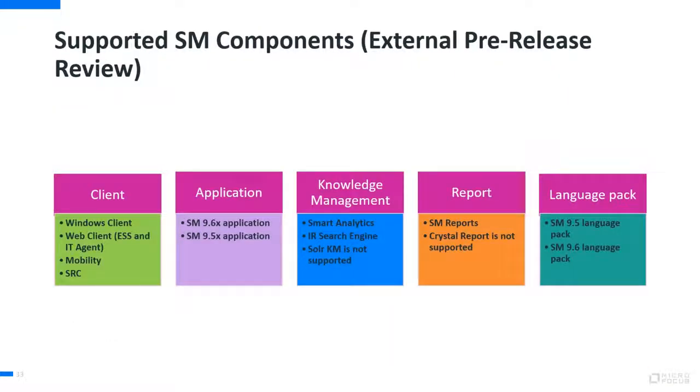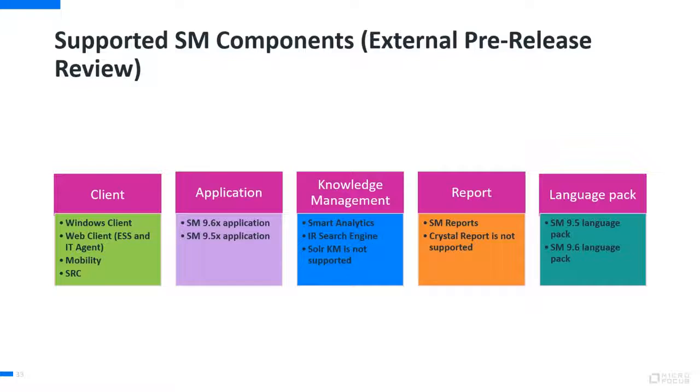Something I want to highlight here is for the application, as I mentioned earlier, 9.5 and 9.6 can both be supported, but not including 9.4. Unfortunately, at the current stage we only consider 9.5 and 9.6.